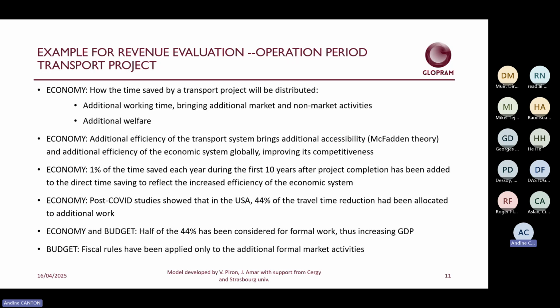And then budget fiscal rules have been applied, but only to additional formal market activities. All this precaution is to say that the numbers I will present after are, I would say, rather on the safe side of the hypothesis.